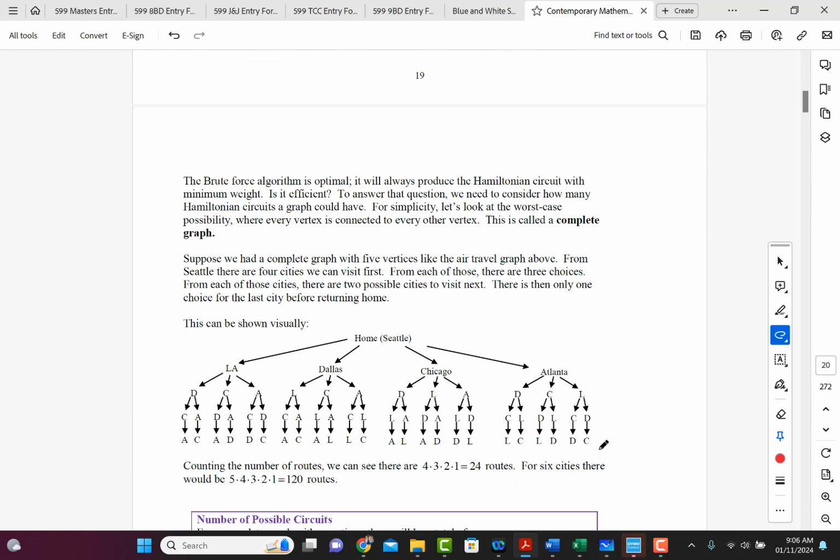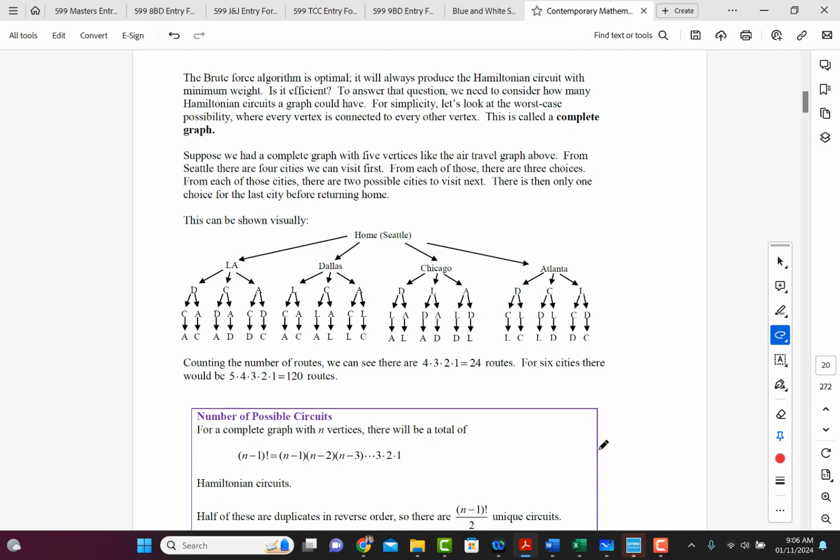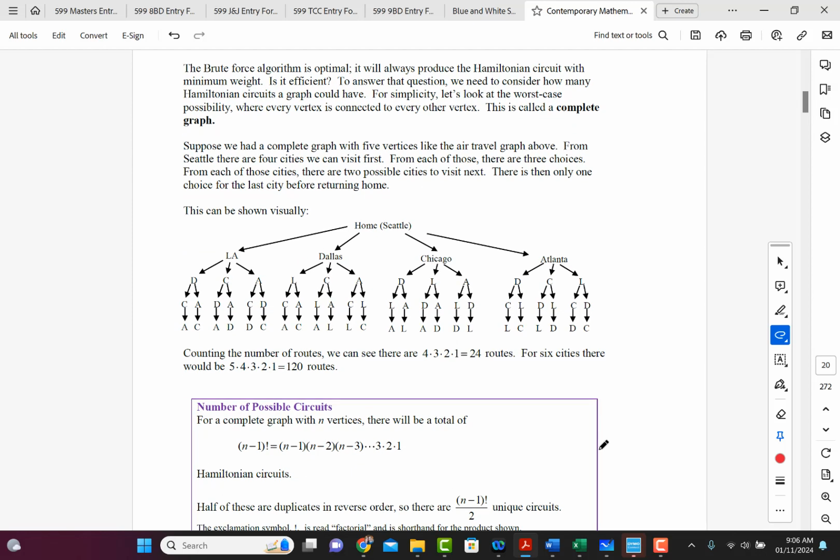Now, the brute force algorithm is optimal. It will always produce the Hamiltonian circuit with the minimum weight, but is it efficient? To answer that question, we need to consider how many Hamiltonian circuits a graph could have.